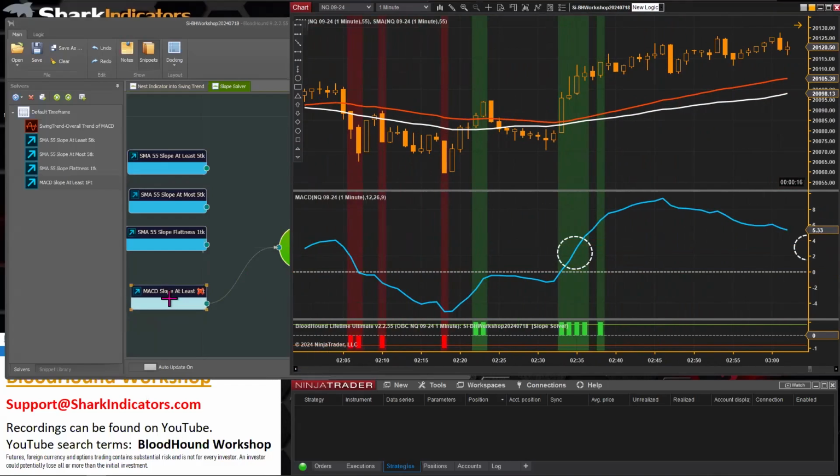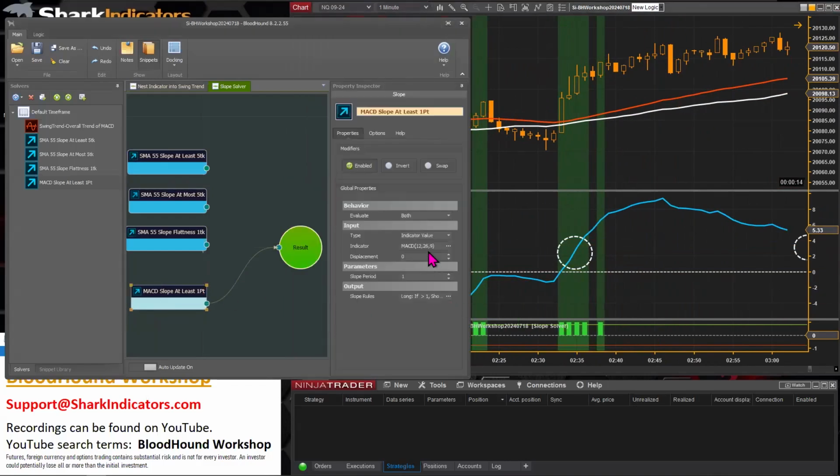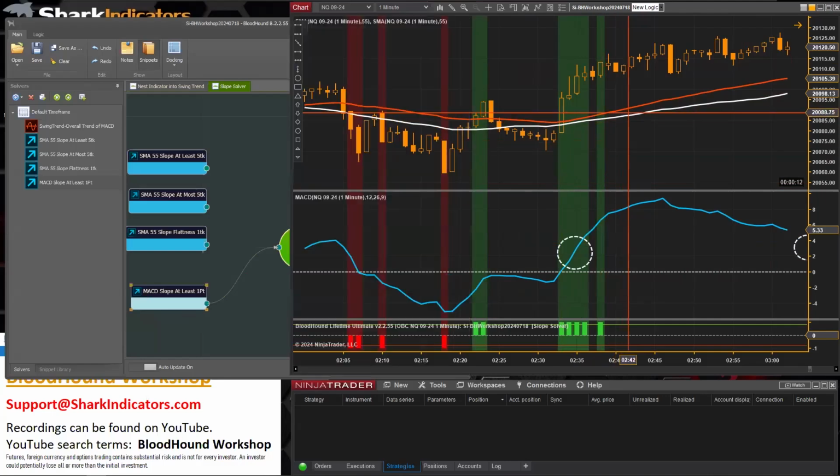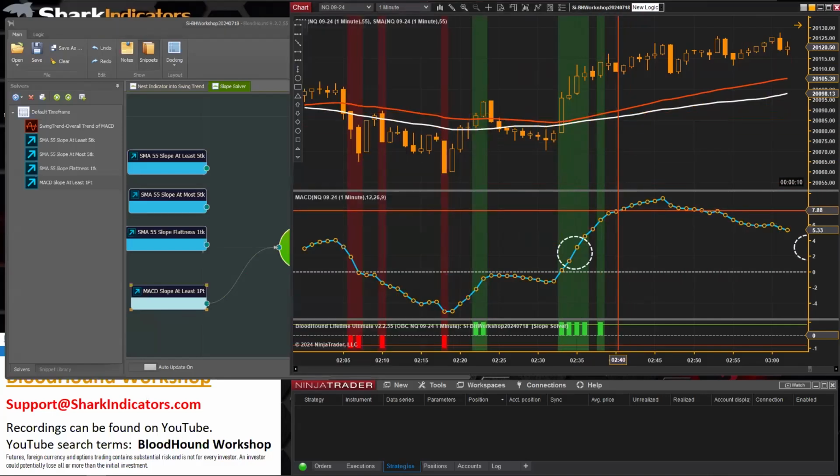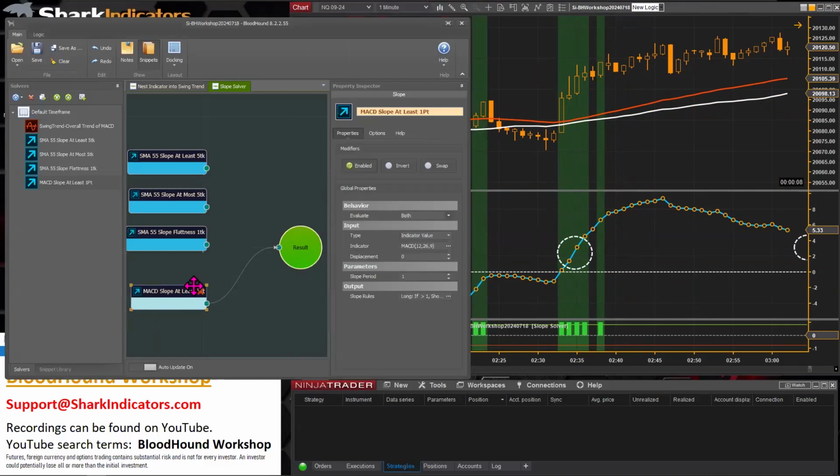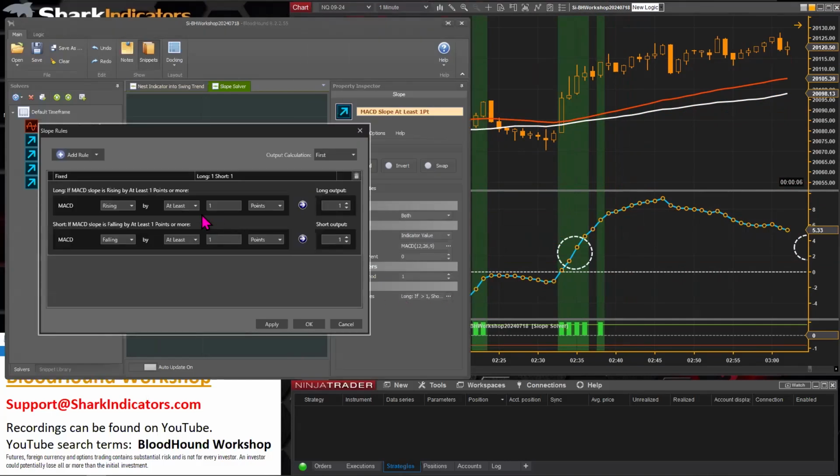So whether you're looking at a moving average or some indicator on its own panel, everything that I demonstrated with the SMA also applies. So you can look to see if your MACD or whatever indicator is flattish, or not flat, or the standard rising or falling.